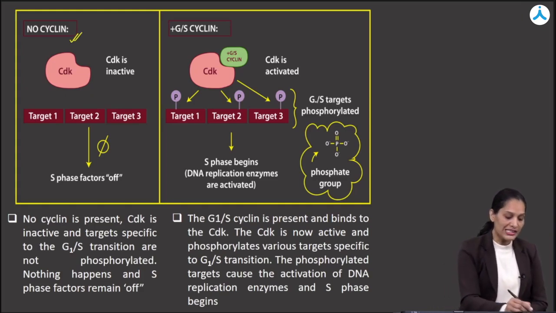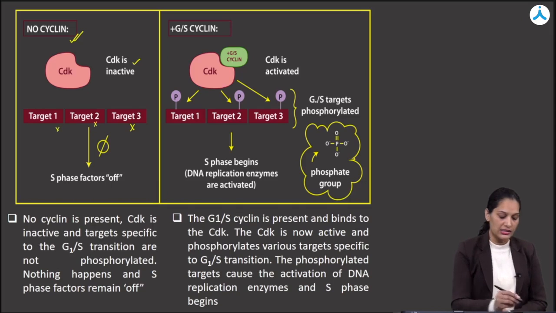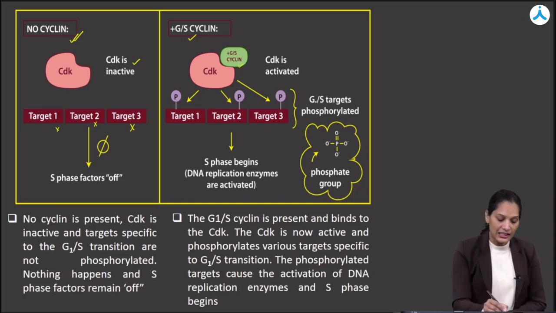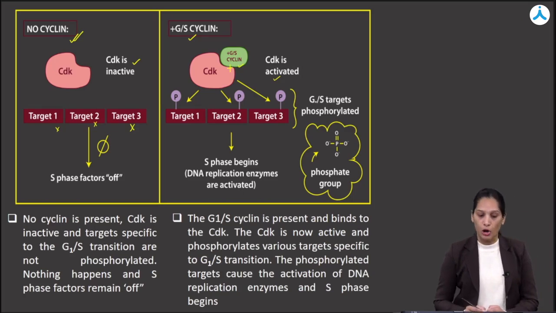When there is no cyclin, then CDK is inactive. There will be no phosphorylation of the targeted proteins. If G1S cyclin is present in a cell, then this cyclin binds with the CDK and forms the activated complex.